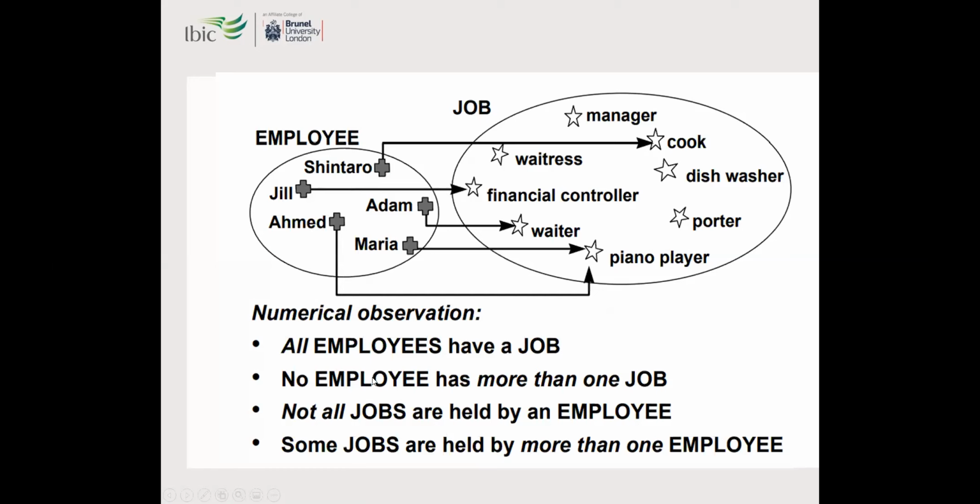So this is the rule which is defined. I know that in reality it could happen, but here they are employees, so they need to have a job. Then we say all employees have a job. No employee has more than one job. And not all jobs are held by an employee.